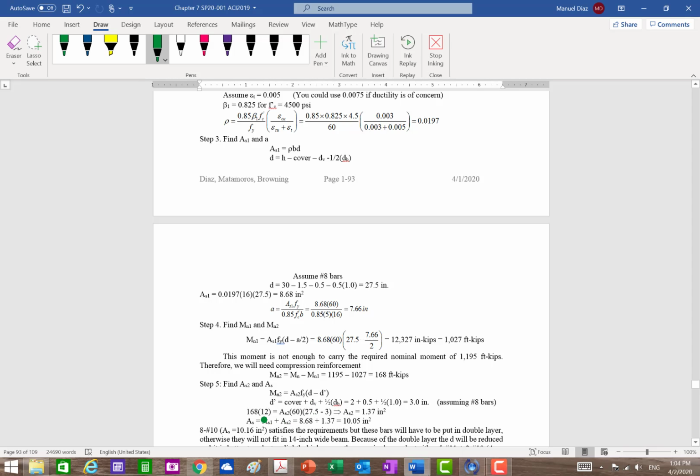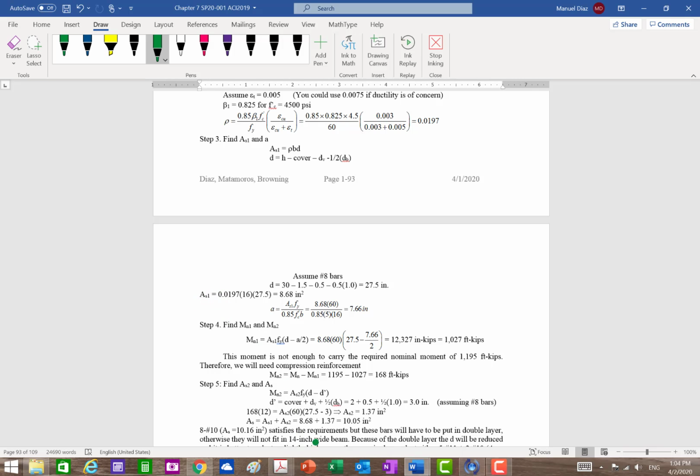And then by equating your compression force, your moment and all that, you solve for your additional tension area. This is your moment and your tension. So you find your value, and now you add to what you found before. So do not find areas when you are here.